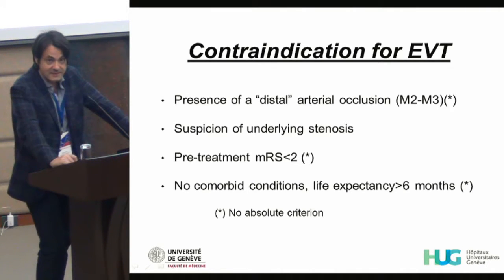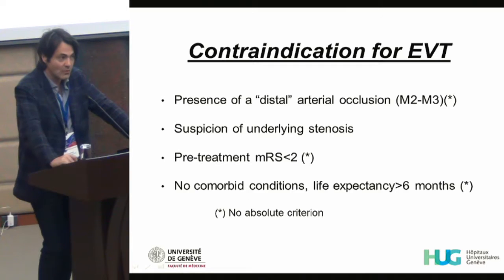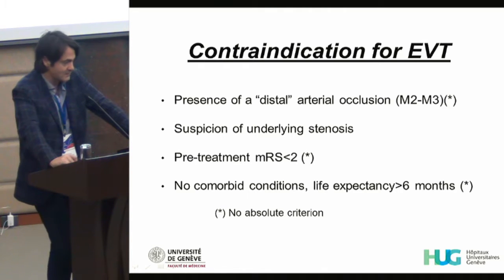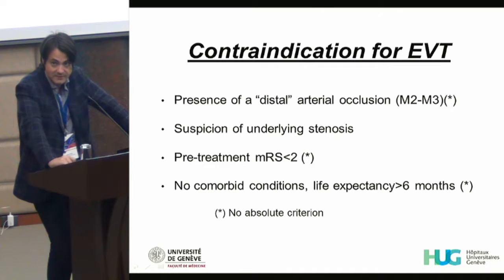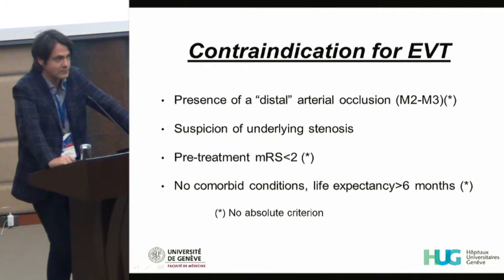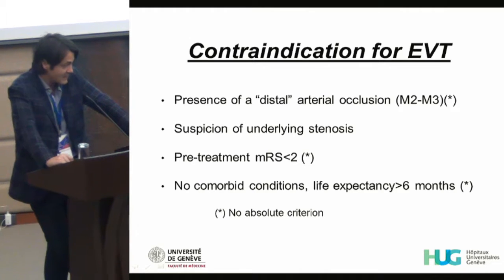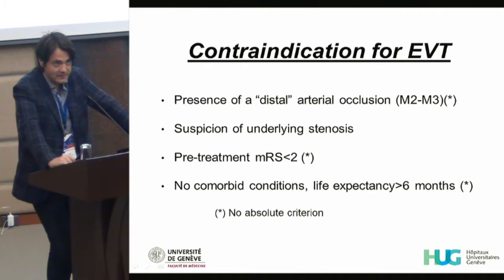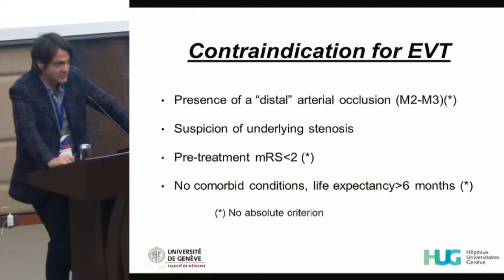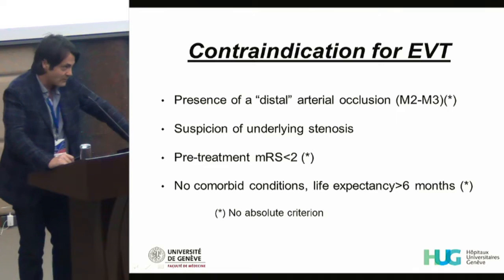In that case it's very easy. We don't go because we think that the balance between risk and benefit of the treatment is more prone to risks, so we don't offer mechanical thrombectomy.